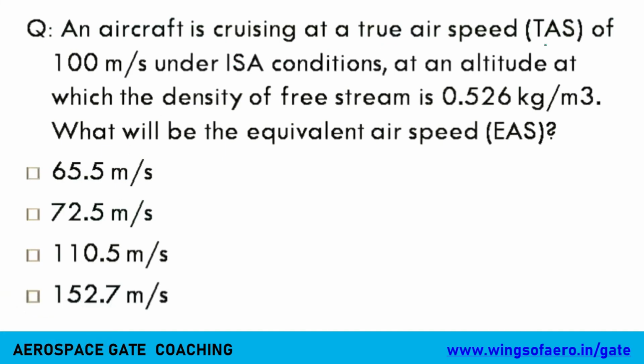An aircraft is cruising at a true airspeed of 100 meter per second under ISA condition at an altitude at which the density of free stream is this much. What will be the equivalent airspeed? Again, it is a question of equivalent and true airspeed. Here you have to identify the given data.